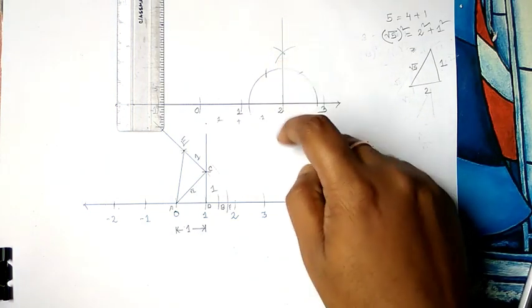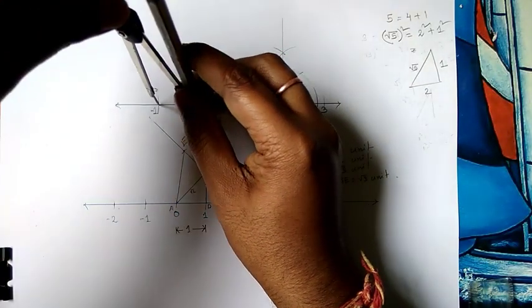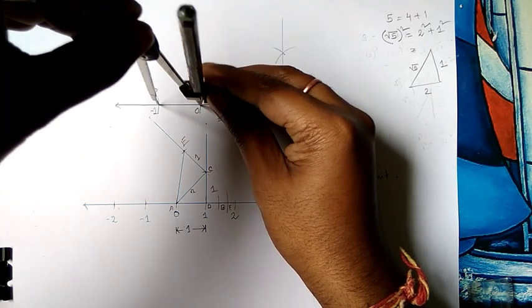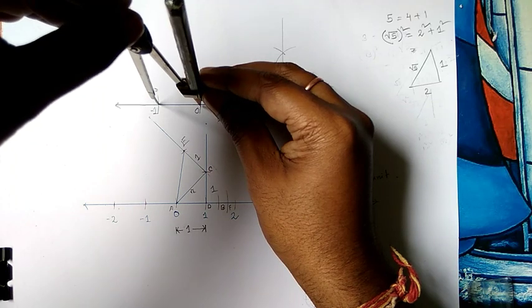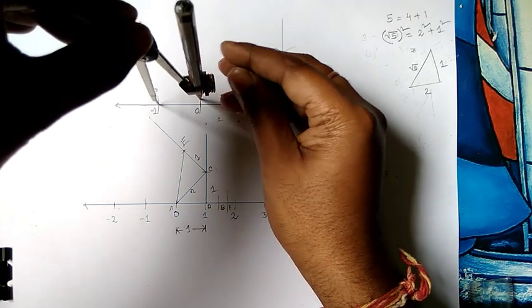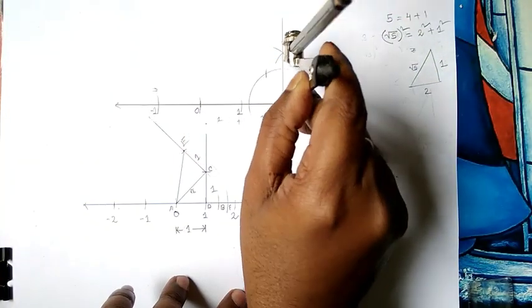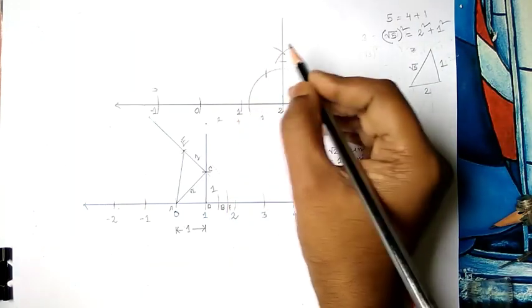Now I need what? 1 unit here. So take the same measurement from the number line. Okay. Place your compass needle here. So you can say here to here.